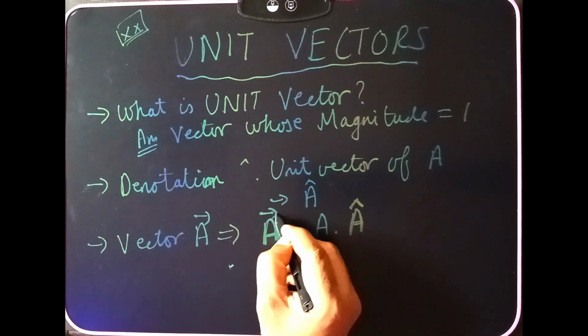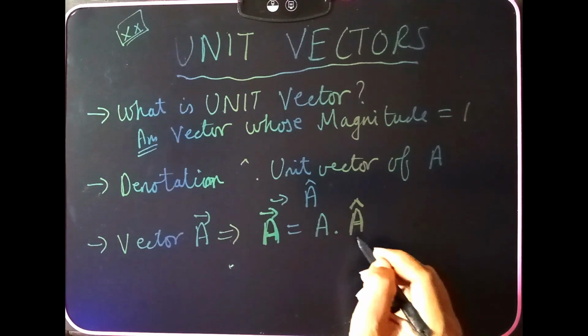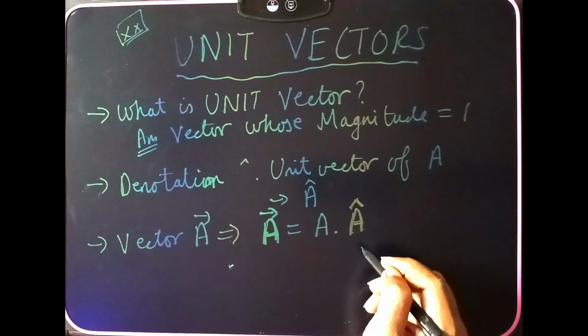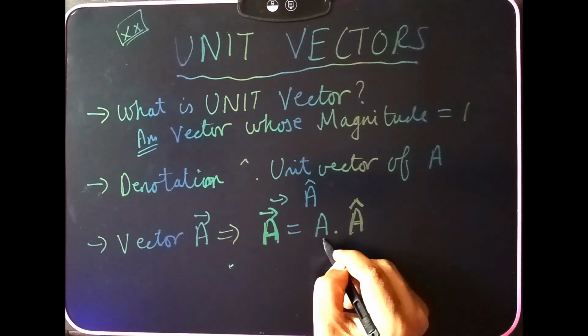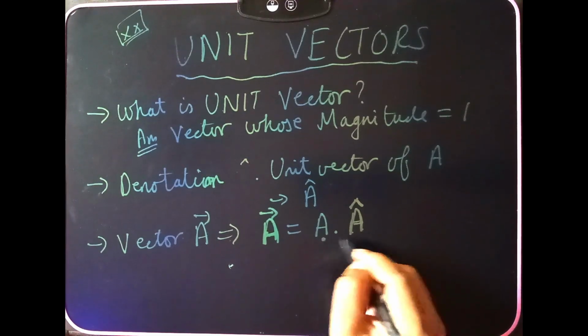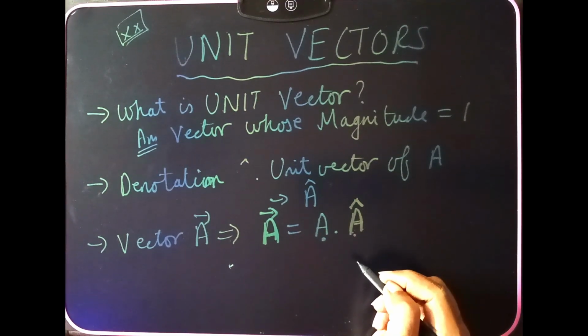Direction-wise, the direction of A is the same as the unit vector, and the magnitude is A times the unit vector.